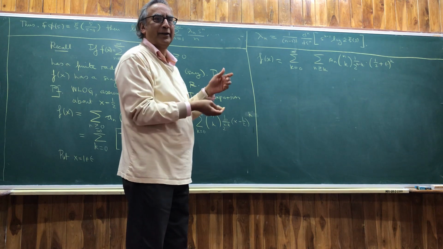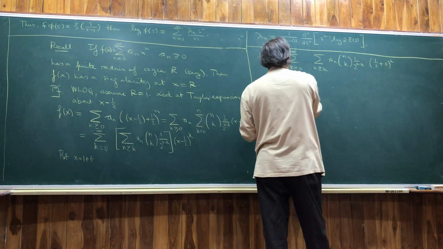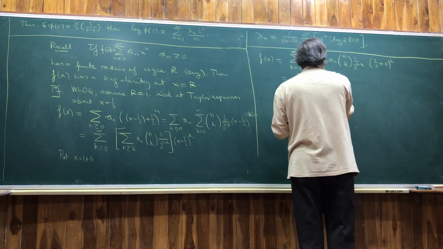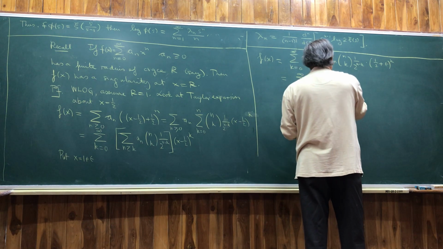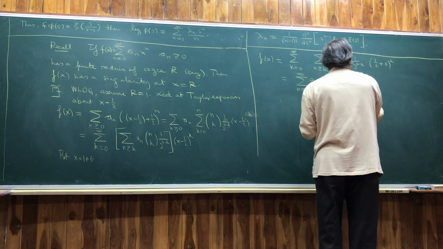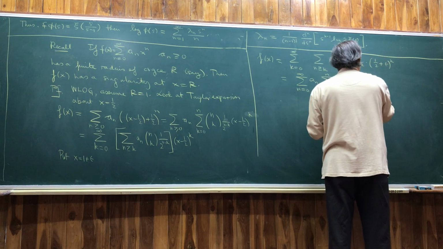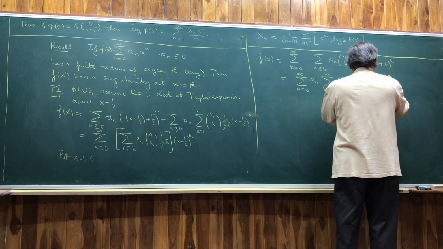And now interchange some things again. Then you find the summation over n going from 0 to infinity, the summation over k going from 0 to n, a sub n, n choose k, 1 over 2 to the n minus k, one half plus epsilon to the k.